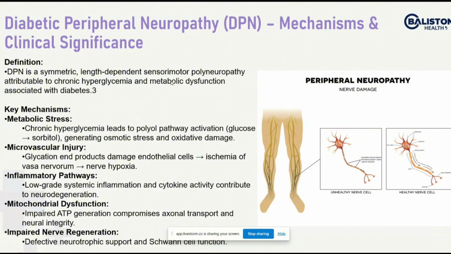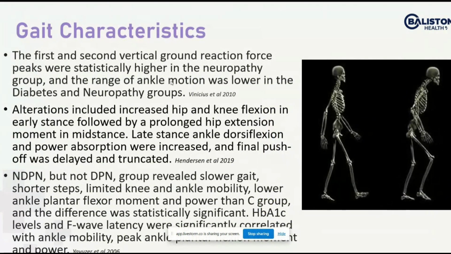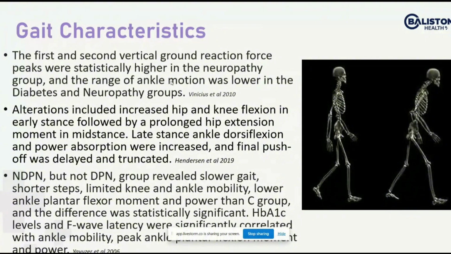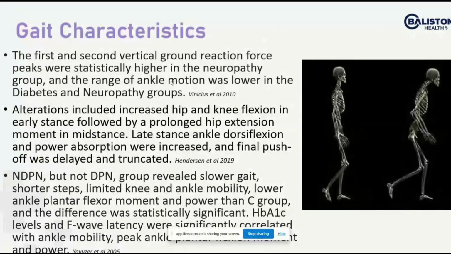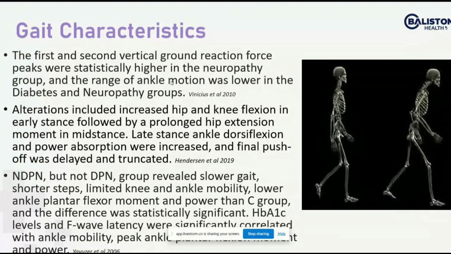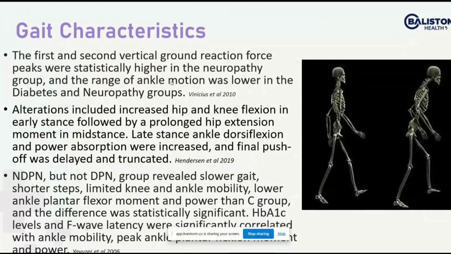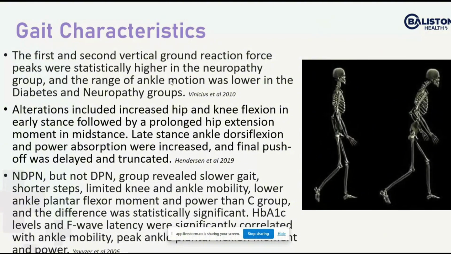And if you think about some of the treatments for that, and why we would care about that, again, leading to things like wounds, which subsequently lead to infections, and then eventually, resultant amputation. So specifically with gait characteristics, and this is something that we've been working on.